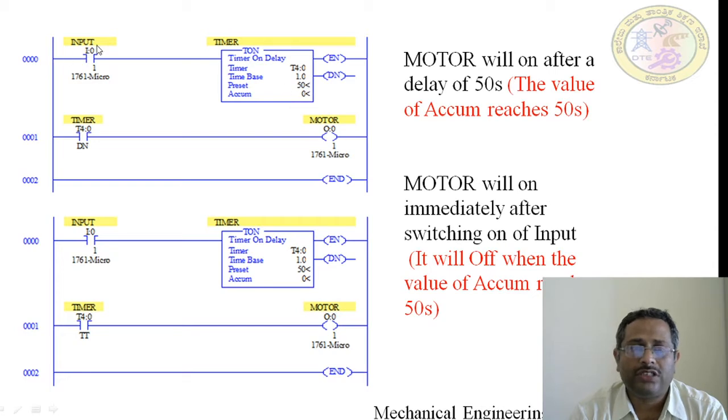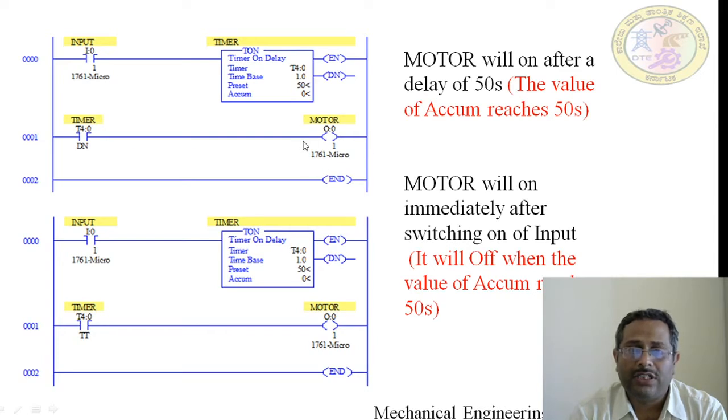Once the input is closed, that is switched on, the timer starts counting, and at that time the motor is off. When the timer starts counting and the accumulated value reaches 50, the done bit is enabled. Because we are using the done bit, that contact will be closed and the motor is switched on.